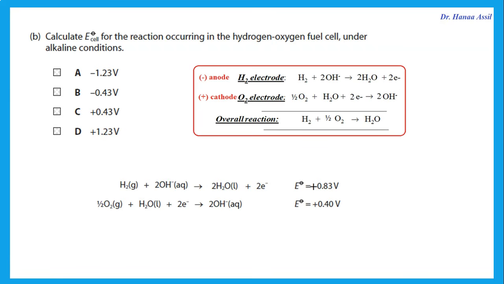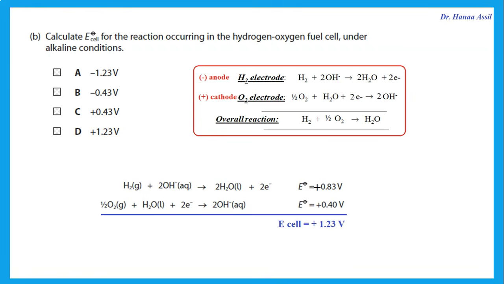So we need to invert the sign of the E naught. The E naught for that was a negative value. When we invert the reaction, we invert the sign, and that means the overall E cell for this fuel cell is the total of the two E naughts, which is a total of plus 1.23 volts.